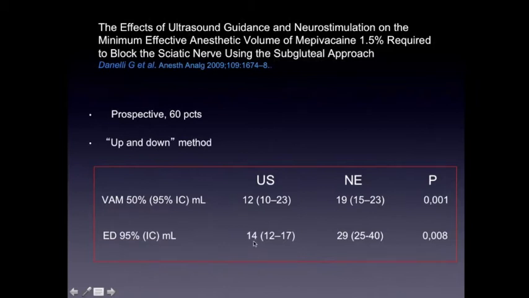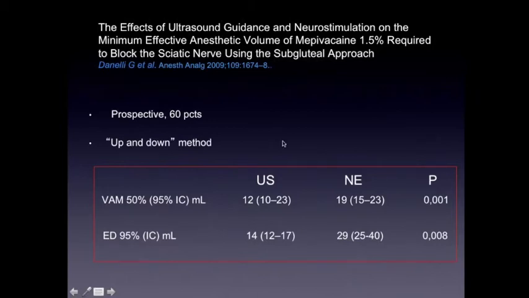So if we want to perform a sciatic nerve block, it's interesting to use ultrasound not only for the other aspects of performance time, easiness, comfort and onset, but especially because we are enabled to use lower volumes, half the volume.